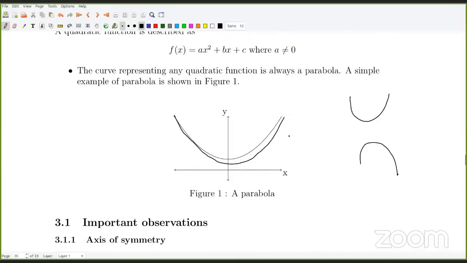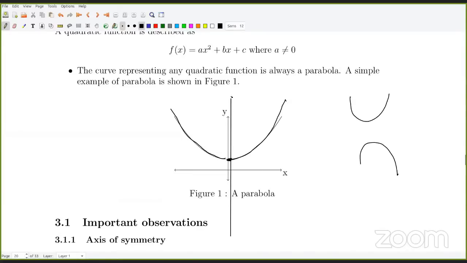Here also, in this example, if you fold along this line, this part and this part are symmetric to each other. They are mirror images of each other.